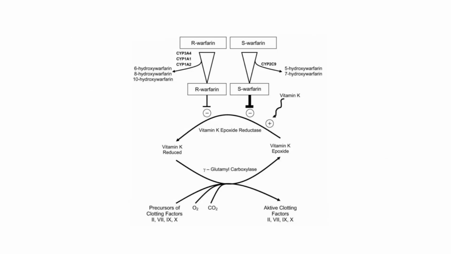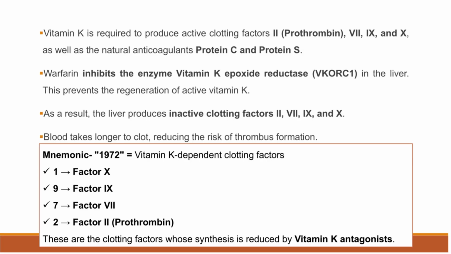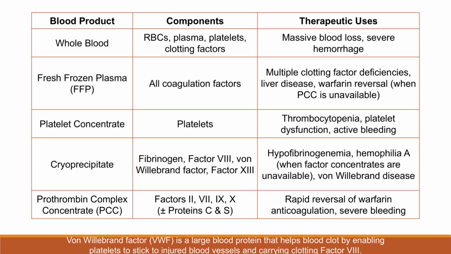However, this takes several hours because the liver must synthesize new clotting factors. So if the bleeding is severe or life threatening, doctors also administer prothrombin complex concentrate, which you already know is a blood product, because it immediately replaces the clotting factors like 2, 7, 9, and 10. If the prothrombin complex concentrate is not available, then you can go for fresh frozen plasma, which can be given to supply clotting factors and control the bleeding quickly.